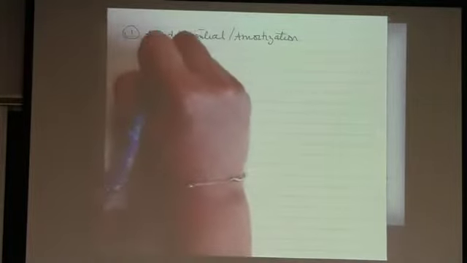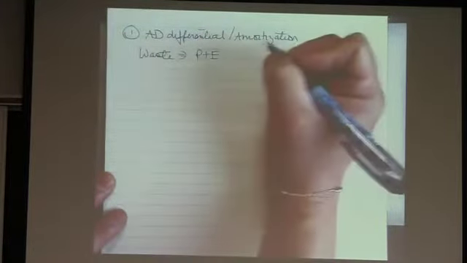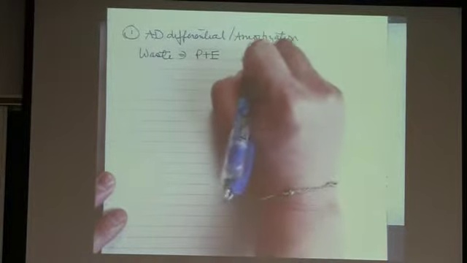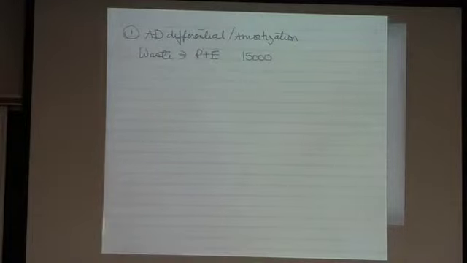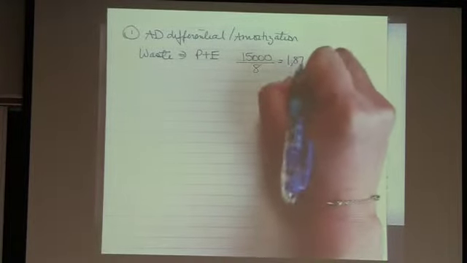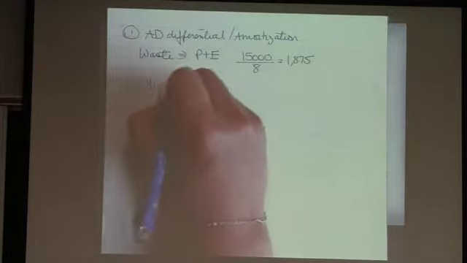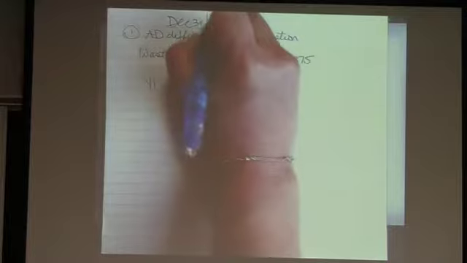And we know that for waste, there was P&E, property, plant, and equipment, and that was $15,000. $15,000 divided by 8 is $1,875. So for year 1 to year 5, because remember, we are supposed to be doing December 31st, year 6.